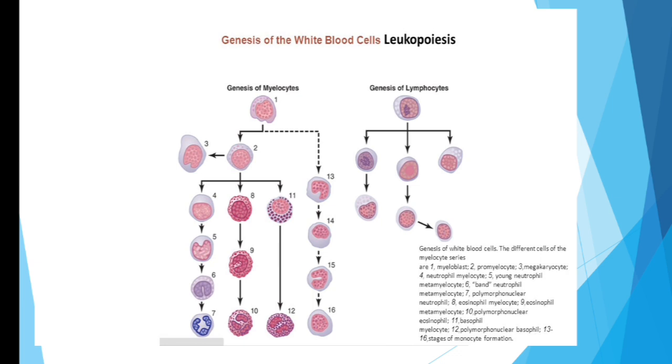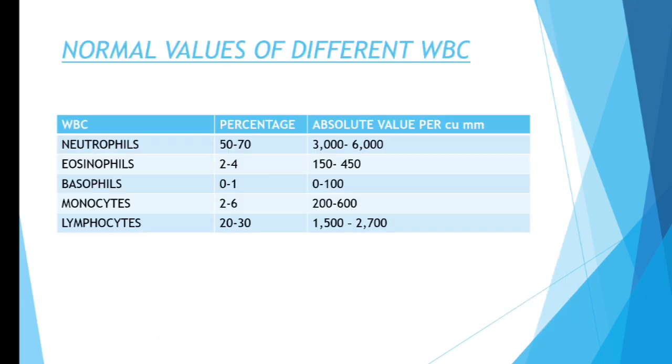These are the stages, and the final stage of monocyte formation is 16 stages. The normal values of the different WBCs like neutrophils, eosinophils, basophils, monocytes, and lymphocytes are shown in this table.